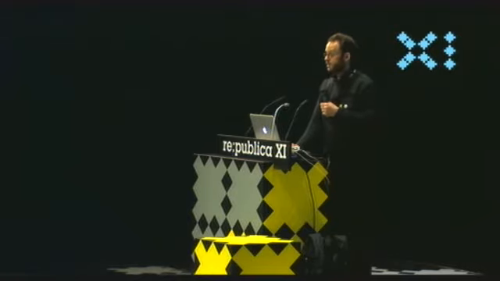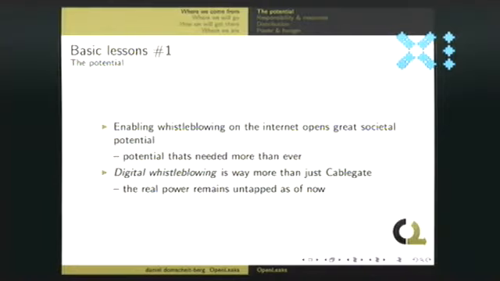The real power of whatever this can enable is untapped as of now. We haven't found any ways yet to address corruption in small towns, in small corporations, in local areas, all those cases where something's going on that we should bring to light, but that is just not so attractive to the world press. That is just not another world record.